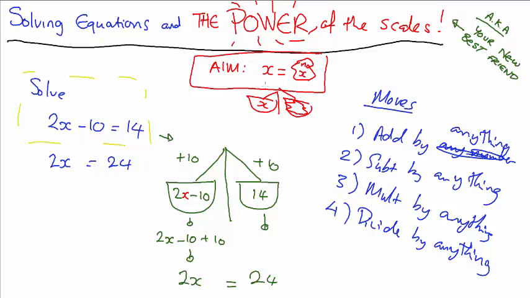Now ask yourself this. Is this closer to our aim of getting x completely by itself than this? Well, yes, because this had numbers on both sides. In this, we've moved all the numbers to the other side. So we are closer. So here's the deal. This is a good move. And that's literally the only thing that makes it a good move. The reason it's a good move is because this is closer to that than this is to that.